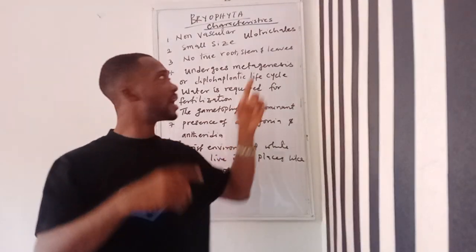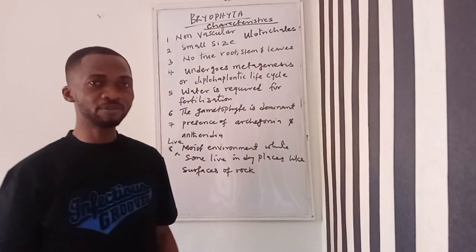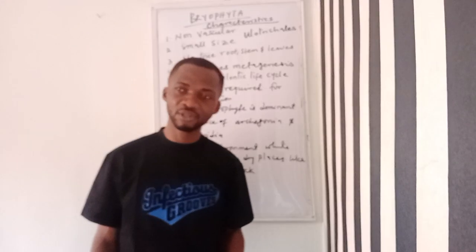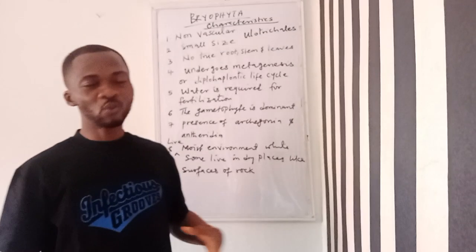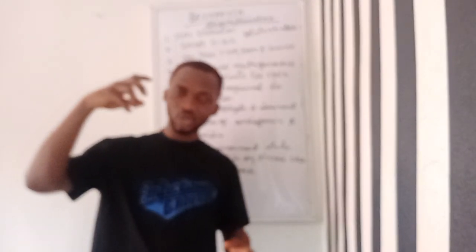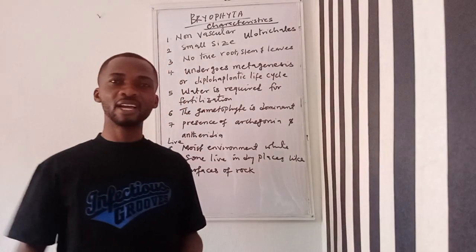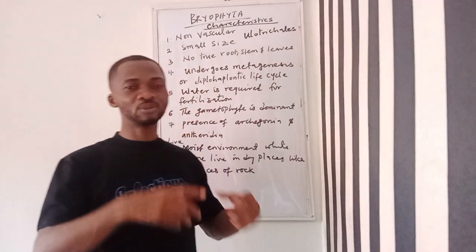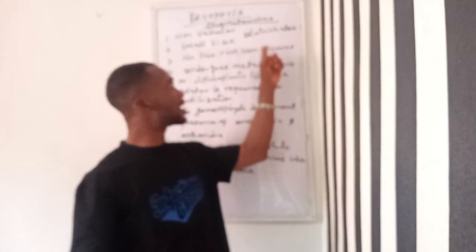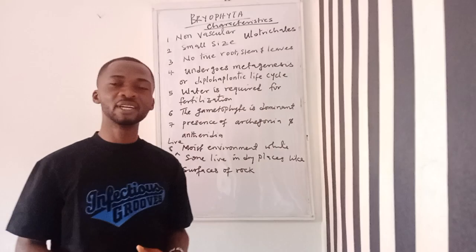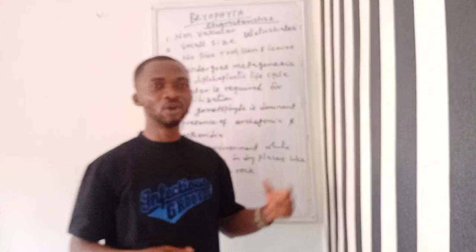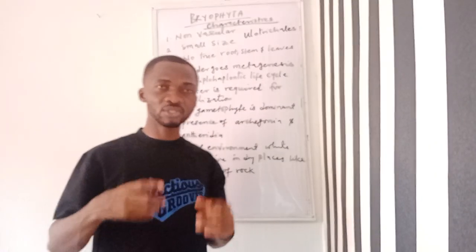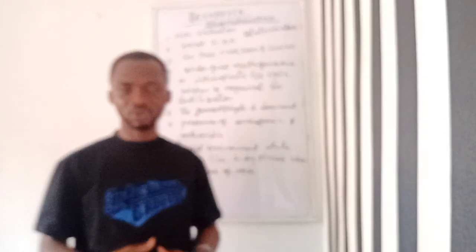I'm trying to tell you where this originated from. It came from one of the orders under the division Chlorophyta and the class Chlorophyceae in the classification of algae. So this is where scientists feel that Bryophyta originated from, this algae stock called the Eulothricales.